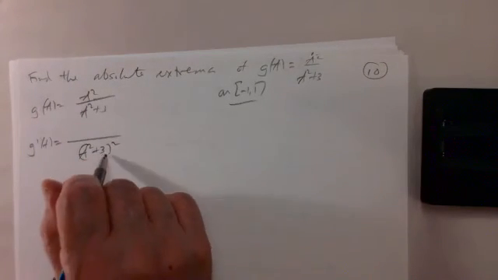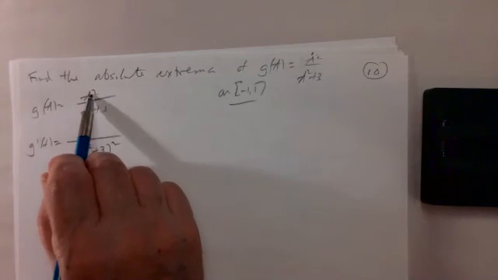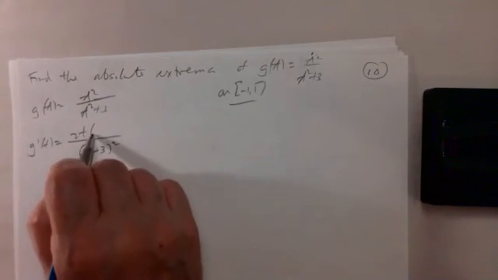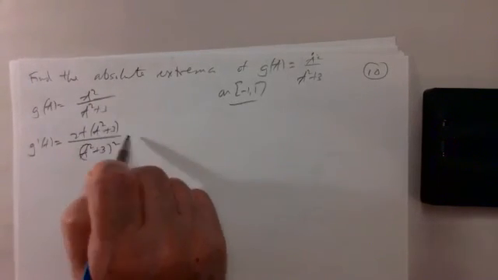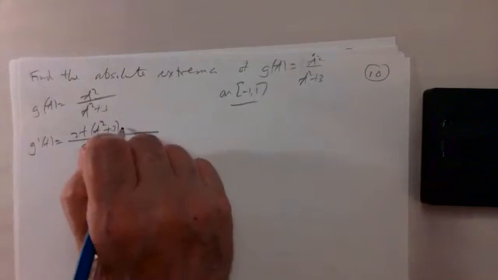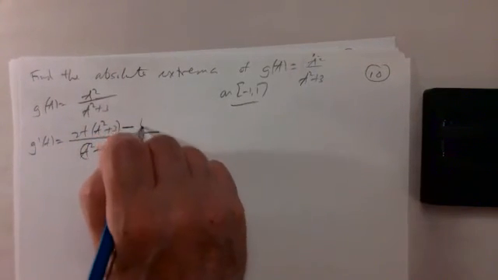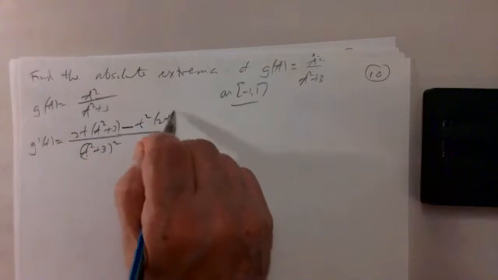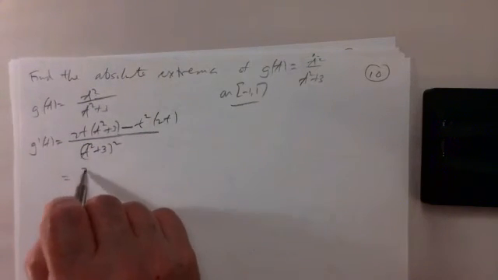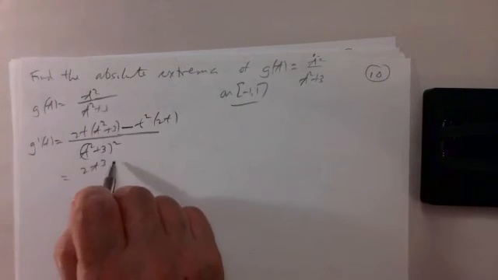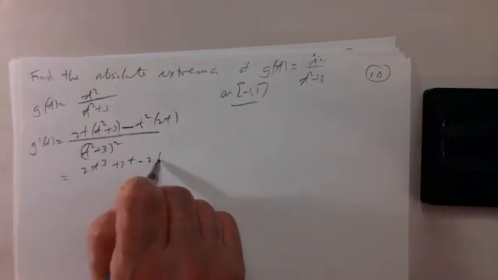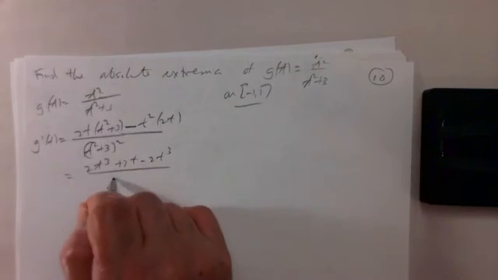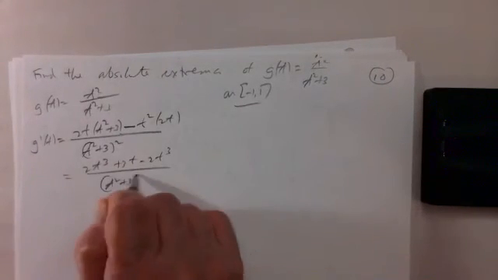square the denominator is the new denominator. The derivative of the numerator times the denominator minus the numerator times the derivative of the denominator. So we get 2t cubed plus 3t minus 2t cubed over t squared plus 3 squared.